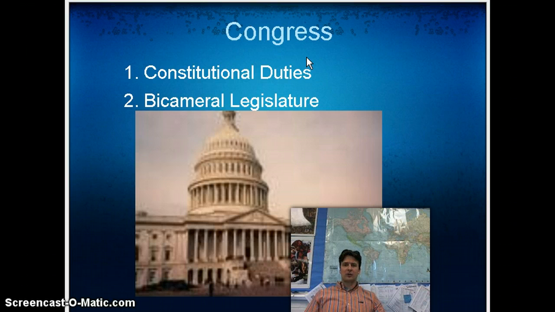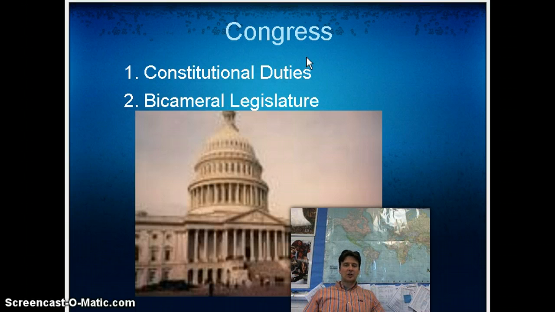There are other constitutional duties as well if you think about all the powers that are given to them, but those are really the enumerated powers. The actual job of Congress is to focus on passing laws and the things I mentioned before. Revenue, approving treaties, approving appointments of the president.